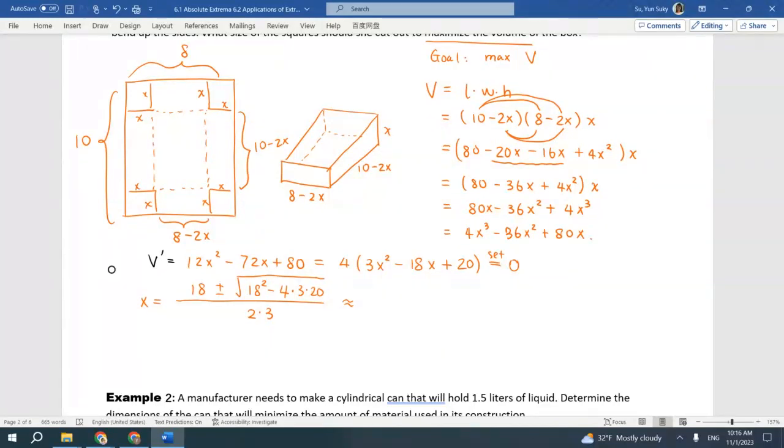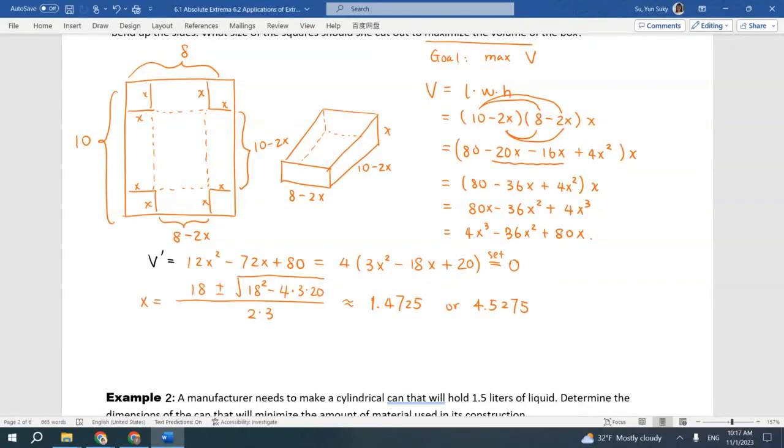So, what do you get? Okay. So I got 1.4725. Okay, it's a decimal number. I just want 4 decimal places, or 4.5275.